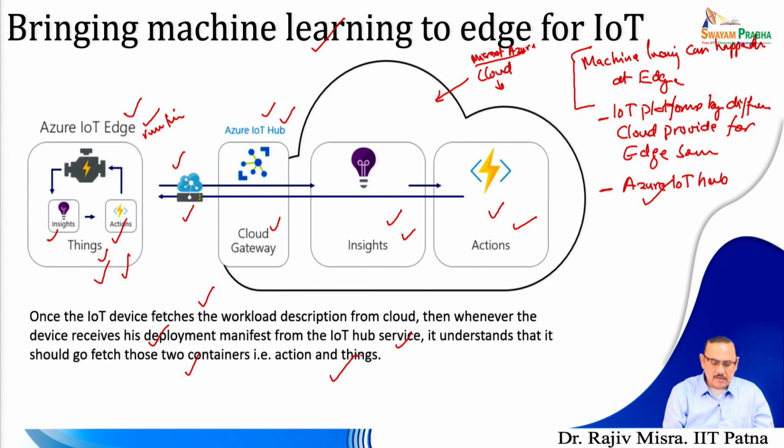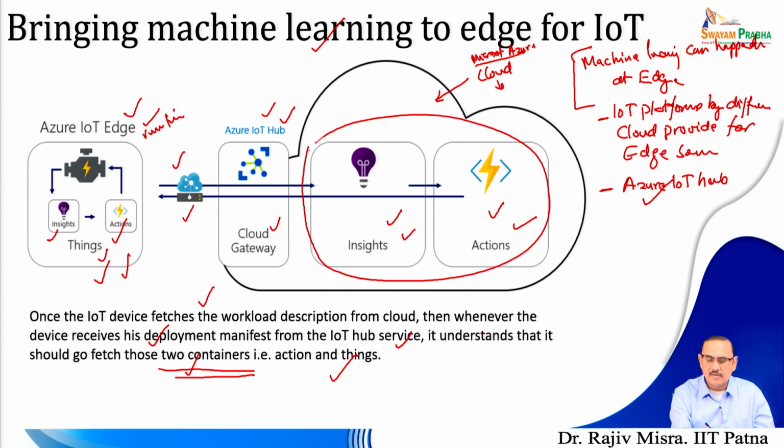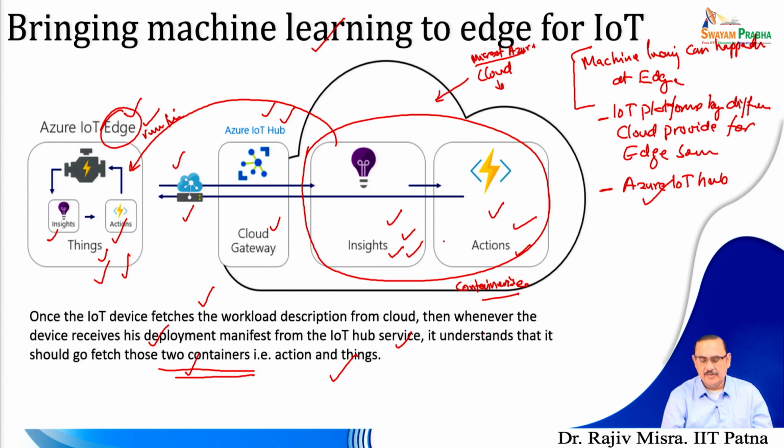So, how that is all done, that we have explained here, is with the help of containers. So, if we containerize these containers for computing the insights and actions, we can deploy them at the edge, thereby enabling the edge with the functionality of performing these insights and action computations like it was being done at the cloud.